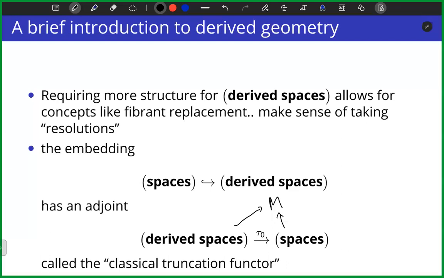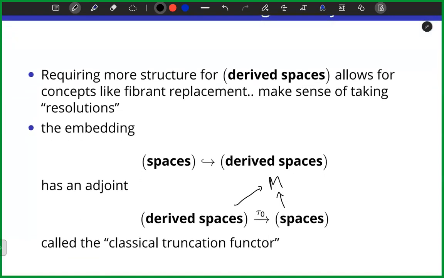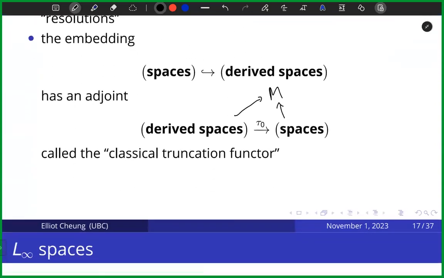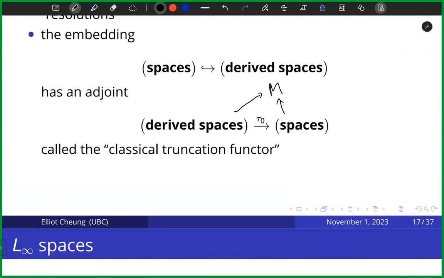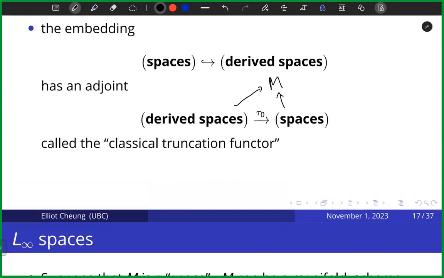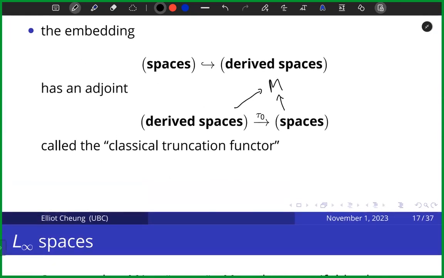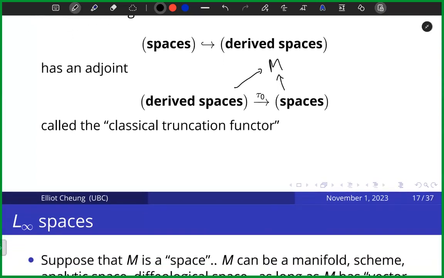This is just a general framework for how to do derived geometry, and it's quite flexible. In this work, we choose a model for derived spaces called L-infinity spaces, and I'll explain what that is. These are not as general as you can make it, but it's perhaps a more geometric model of derived geometry.